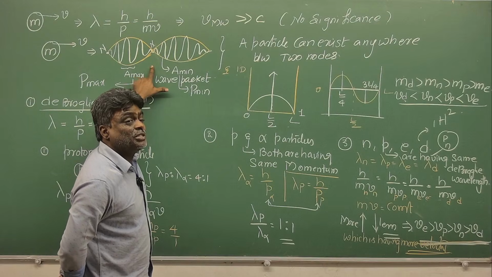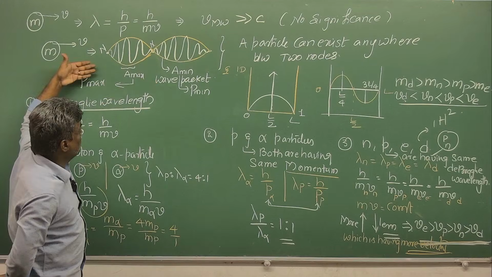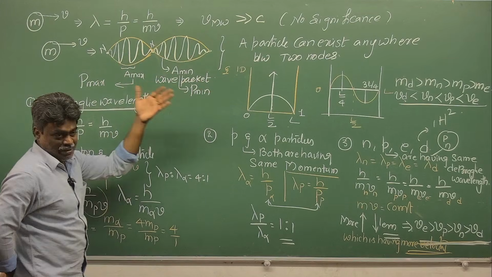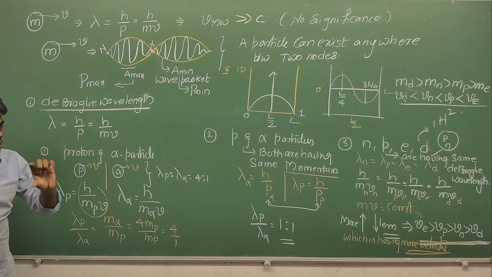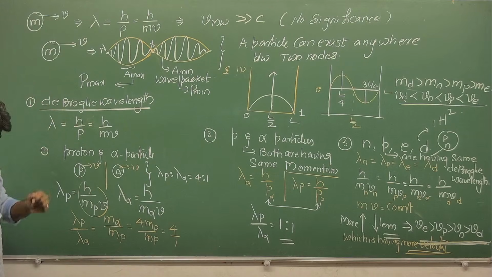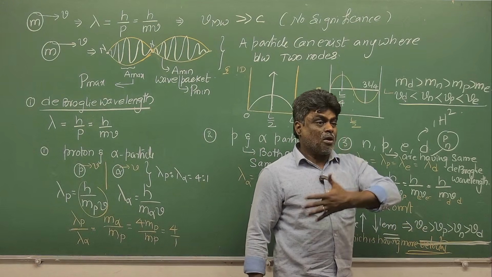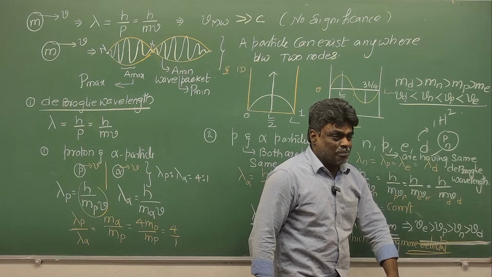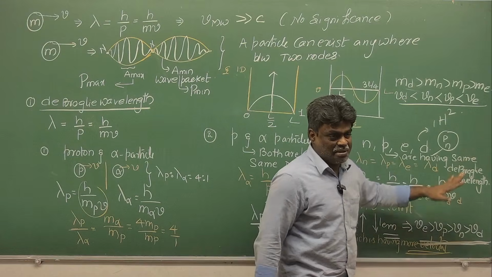But superposition of matter waves has significance. That superposition is nothing but the wave packet, whatever we have discussed. A single matter wave has no significance, sir. Once they superimpose on each other, that has significance. Now I am moving with velocity v, which means I am made up of a group of waves superimposed. That group velocity and my velocity are the same.